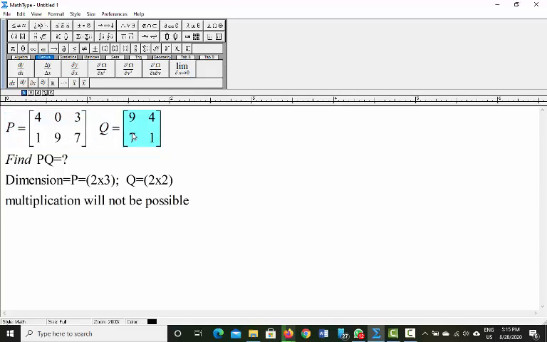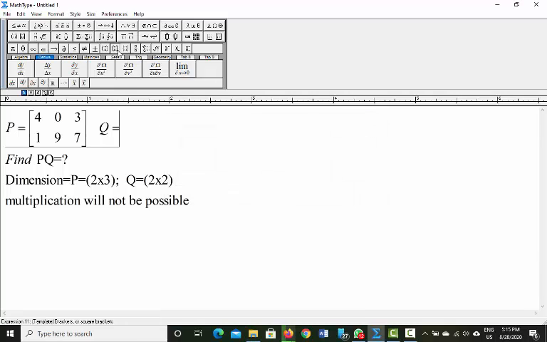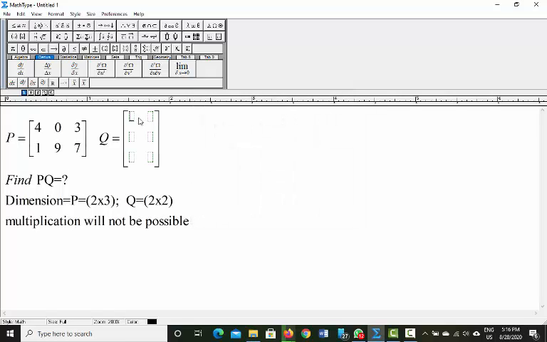Now suppose let us change the matrix Q. Suppose this one we have is 2 5 1 0 8 2.